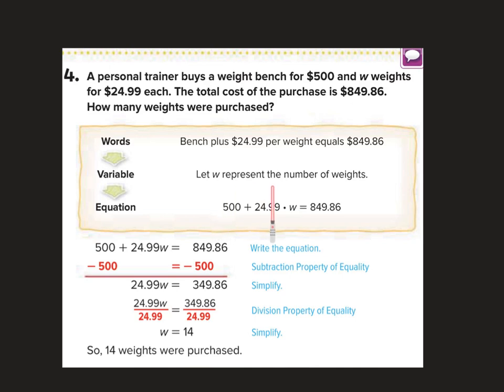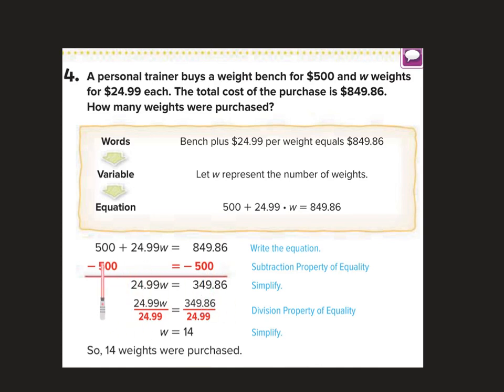We're going to let W represent the number of weights, just like we did here. And our equation would be 500, which is the fixed cost for the weight bench, plus $24.99 times each weight equals $849.86. So our equation is 500 plus 24.99W, which means $24.99 for each weight that we bought, equals $849.86.